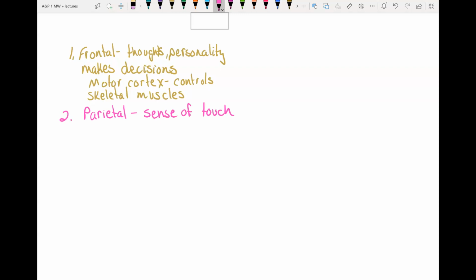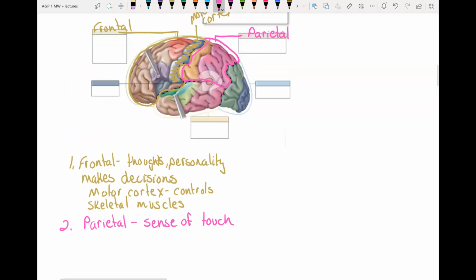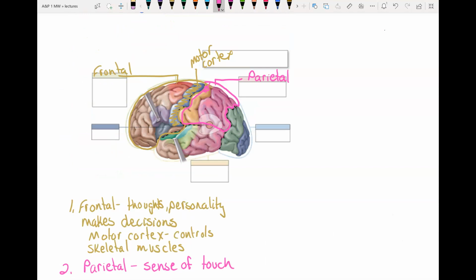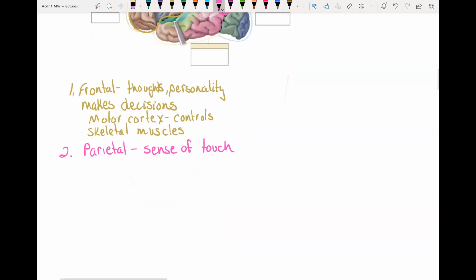So remember, this is the somatic part of your brain. So all of the somatic senses are going to be coming here to the cerebrum. And you have a couple of special areas. You have the somatosensory cortex. So that is right here. It lies right behind the motor cortex.